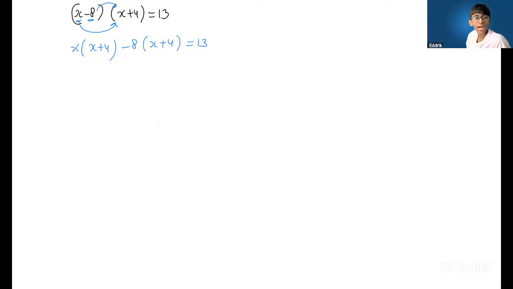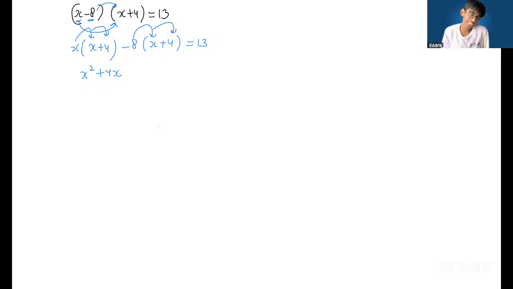Now this and this will multiply: x square plus 4x, and minus 8x, minus 32 is equal to 13. It becomes x square minus 4x minus 32 is equal to 13.